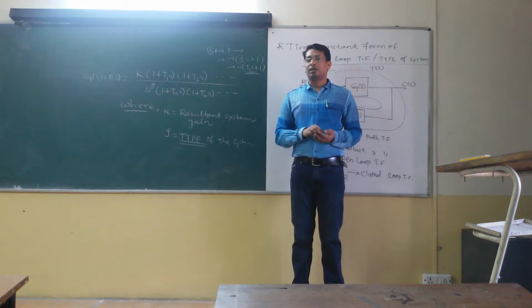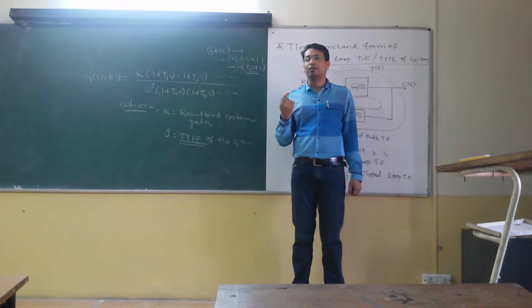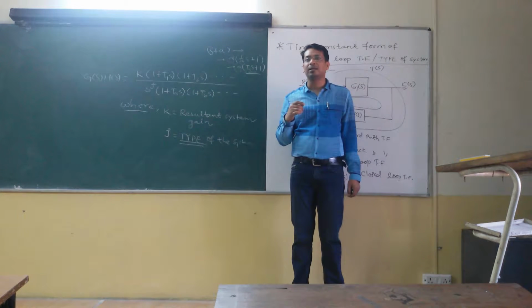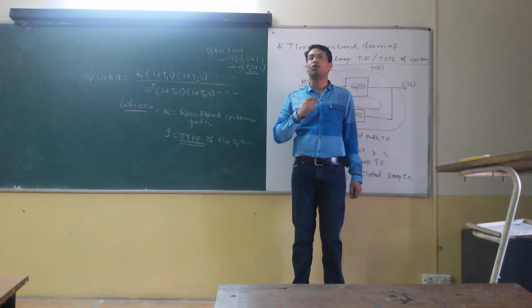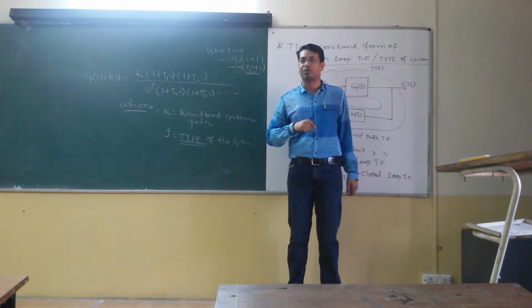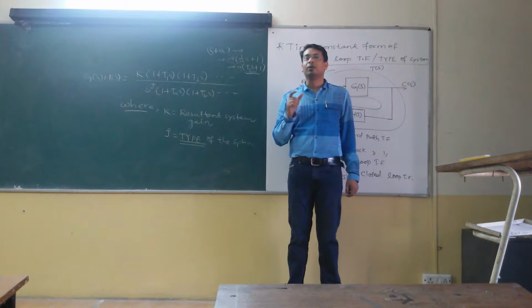Try to remember one thing. You have defined the order of the system. The order of the system was nothing but the highest power of s present in the denominator polynomial, or you can say the highest power of the characteristic equation. So the order of the system is a characteristic of the closed loop transfer function.